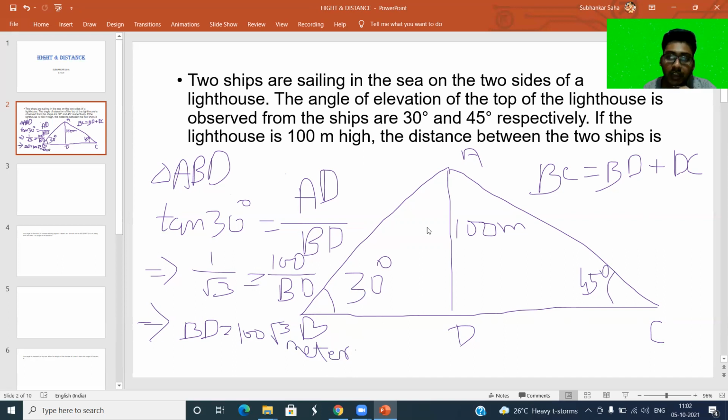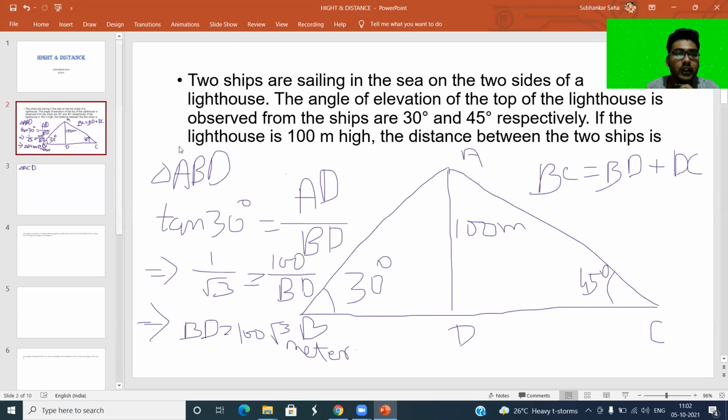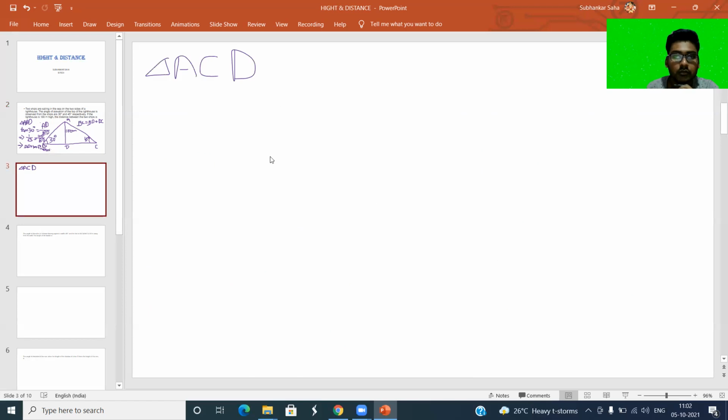Next, let us take angle ACD, triangle ACD. In this triangle we take 45 degrees, this angle faces the height of this triangle, and this is the base. Tan 45 degrees is equal to height by base.